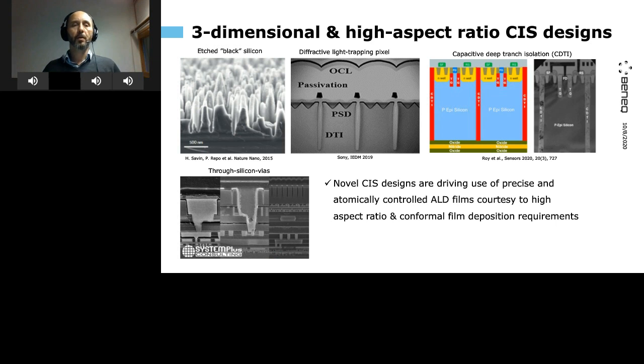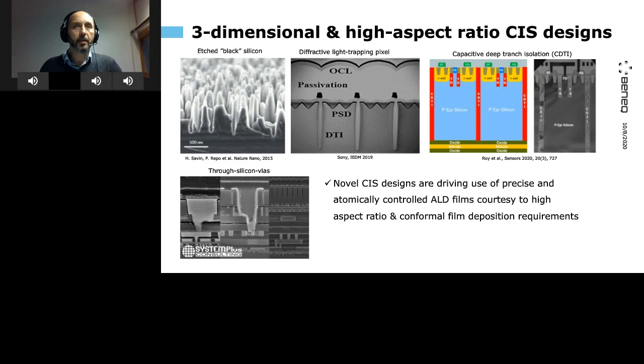You can obviously see with these structures, as well as the capacitive trench isolation, that what you really need is a conformal coating technology to start to enhance the properties of such devices. In the same class, in terms of aspect ratio, is a through silicon via for 3D integration, where ALD is obviously being used also.